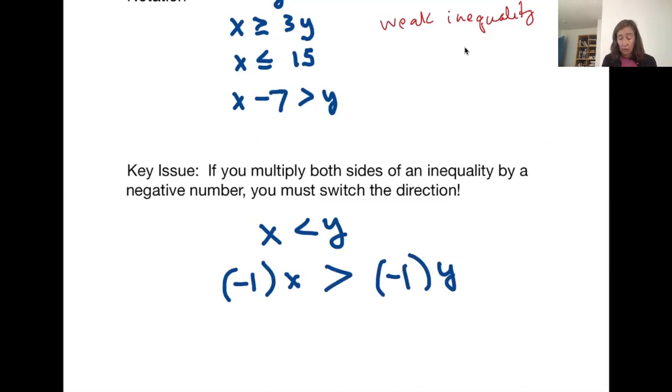By switching the direction, I mean we're taking a less than and turning it into a greater than here, or vice versa. Same would apply if they were weak inequalities.